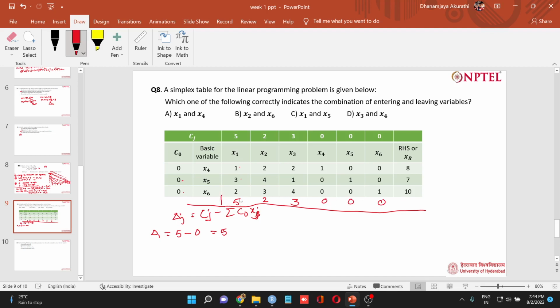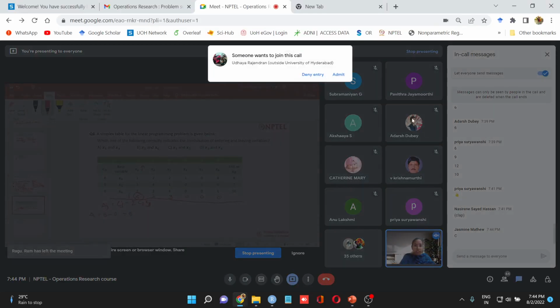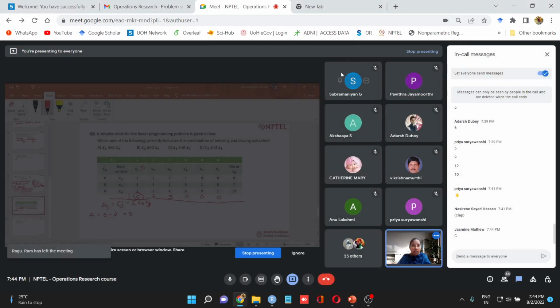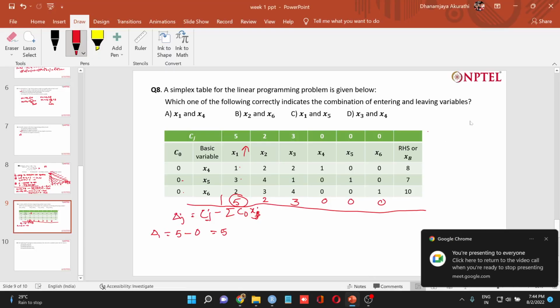Now we need to find the maximum deviation value. Here 5 is the maximum deviation value, so x1 is the entering variable into the basis. Now we need to find the leaving variable. For the leaving variable, we need the minimum deviation value, sorry, the minimum ratio test.